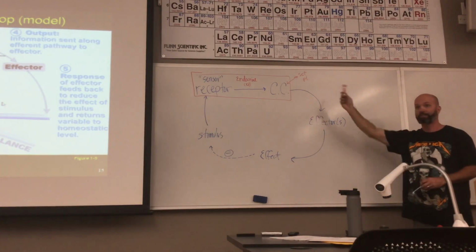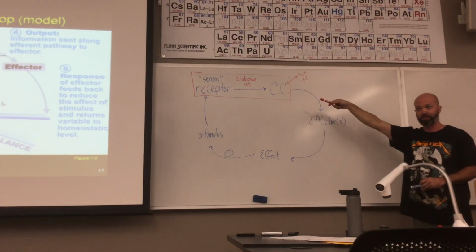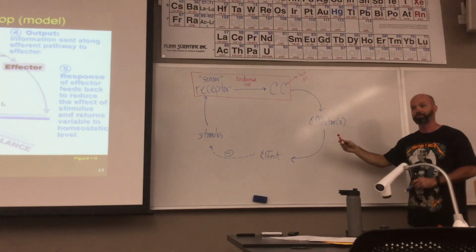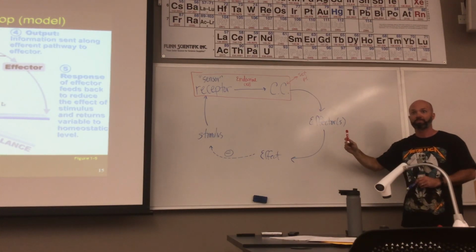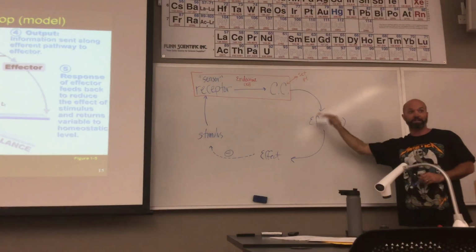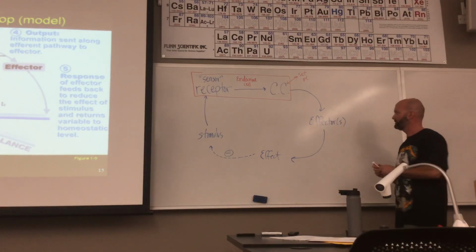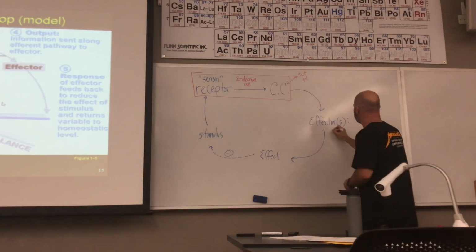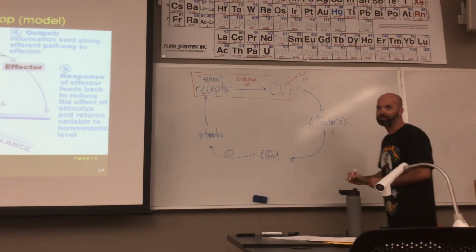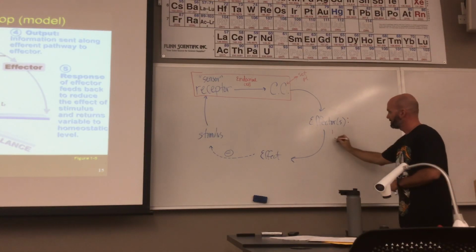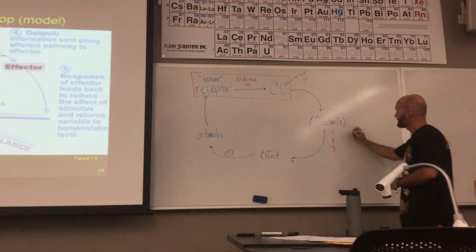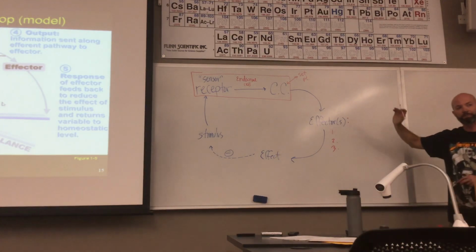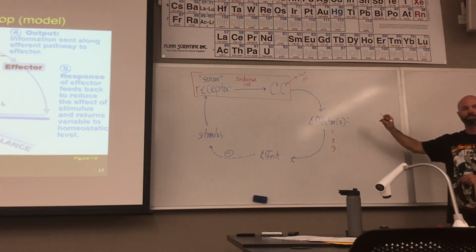So thermoreceptors are going to communicate with the hypothalamus, the brain. And in turn, if there's a problem, the hypothalamus is going to send signals to the effectors. You can put the word effectors, that's fine, but you need to tell me what they are. We can do a list. How many effectors are there for thermoregulation? 3? So instead of just putting muscles, be more specific. Which muscles?